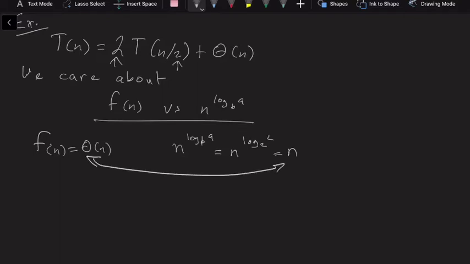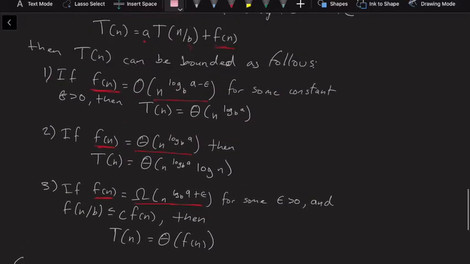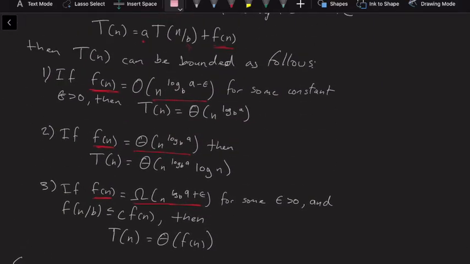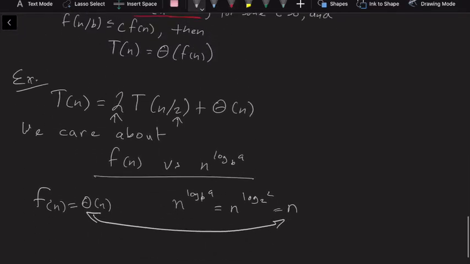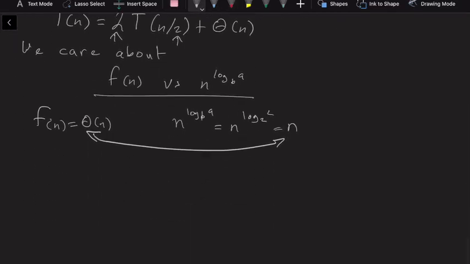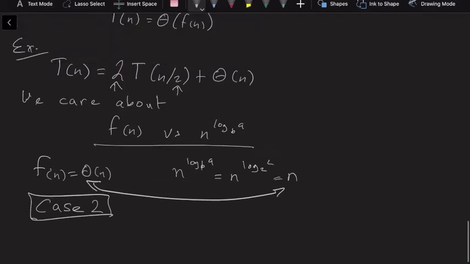We see that f of n is theta of n to the log base b of a. So we have this case in this scenario. Because of these two comparisons, f of n is theta of n to the log base b of a, we know that we are dealing with case 2 in our master theorem.